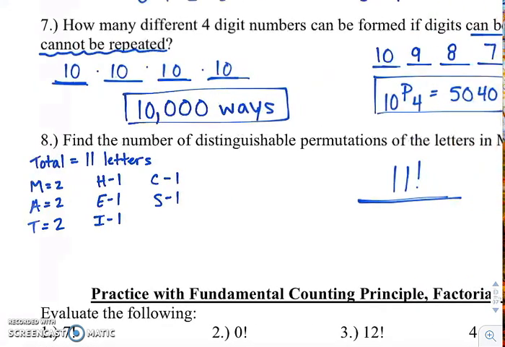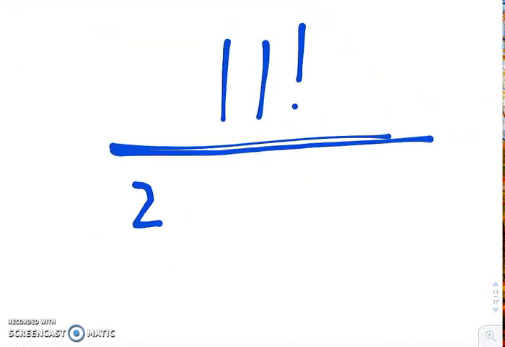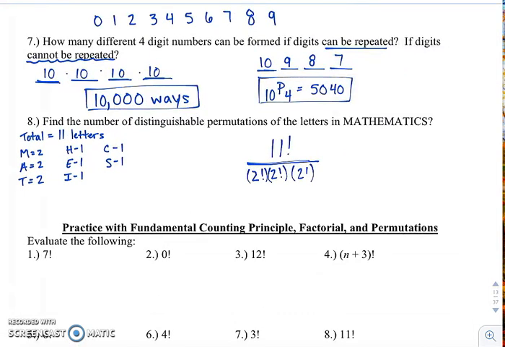All the ones that are just one factorial is just one, so there's no use in using them in our fraction. But the letters that occur more than one time, the M, the A, and the T, are going to go in the bottom.